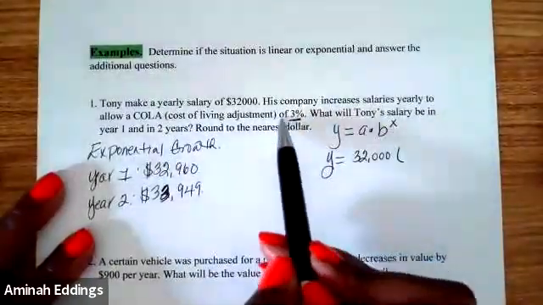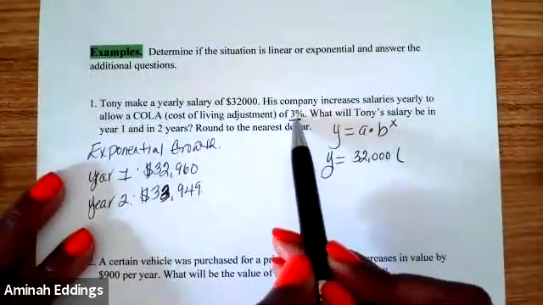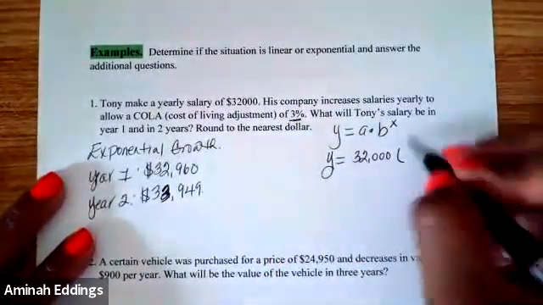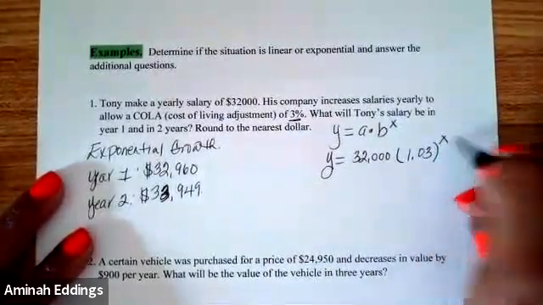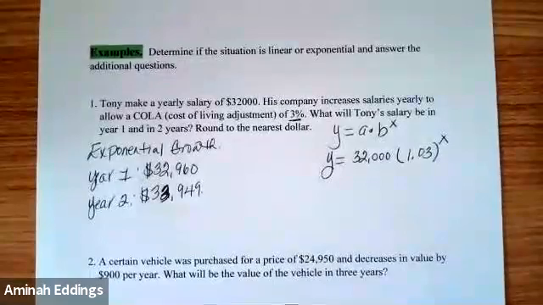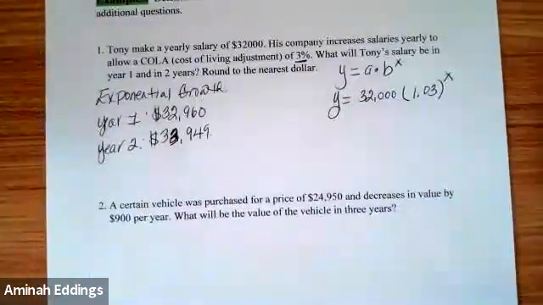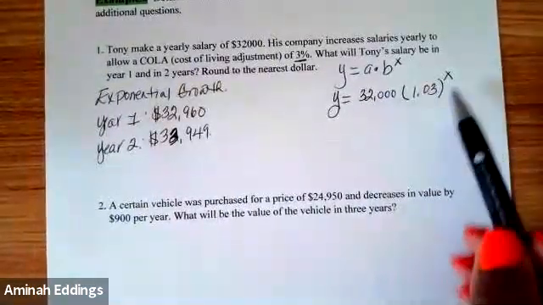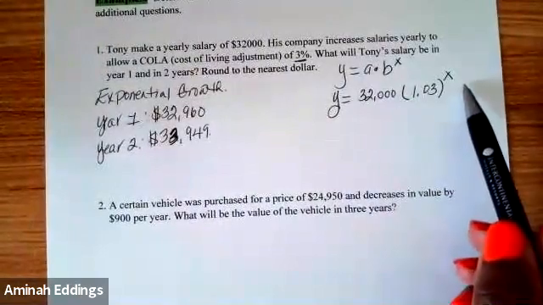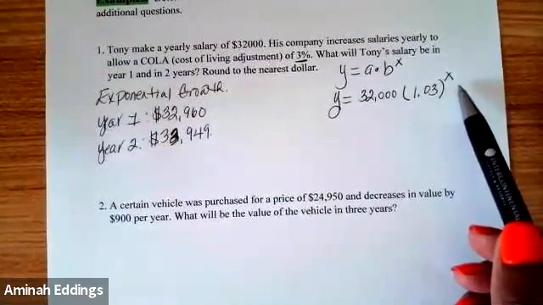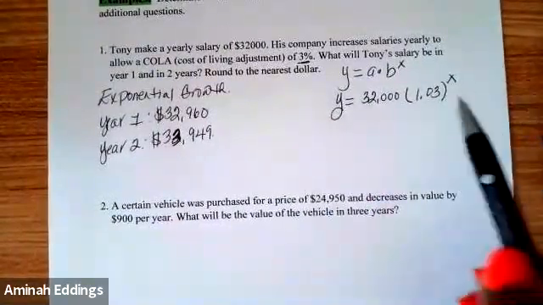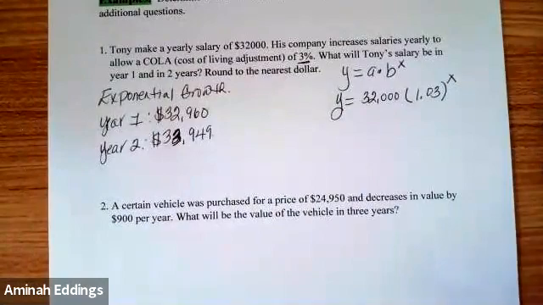And so it was increasing by 3%. So we would say 1.03 and then put it to the x power. So this function allows us to figure out what his salary would be at any given year, with x representing your year. Okay, questions there?